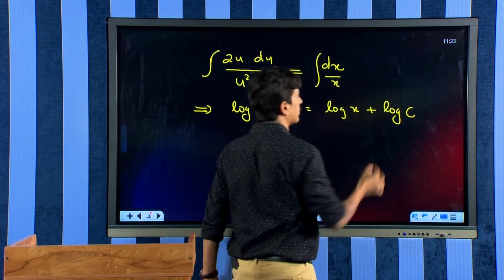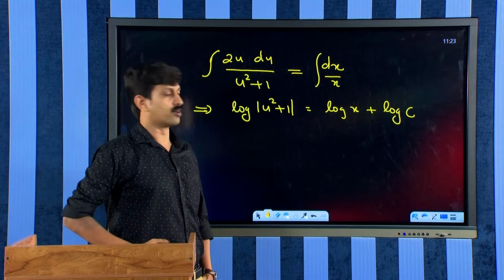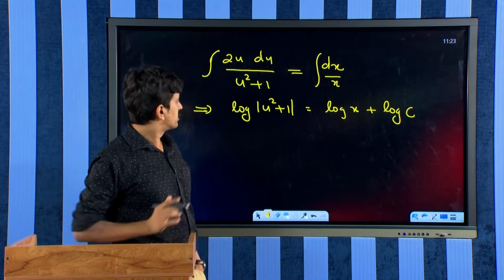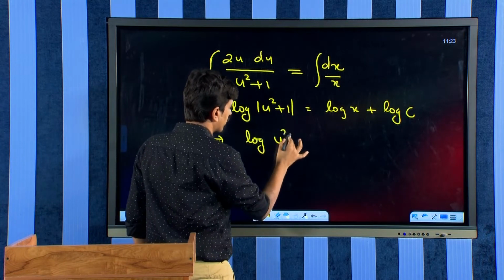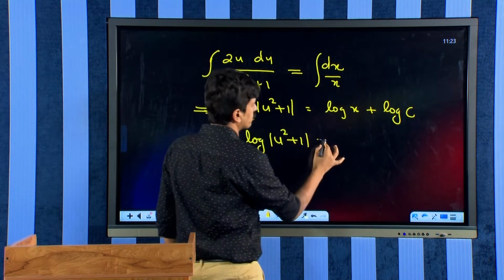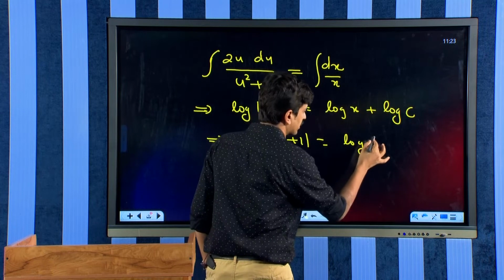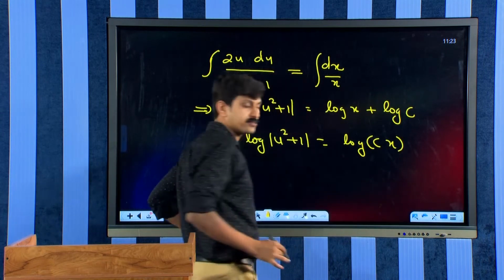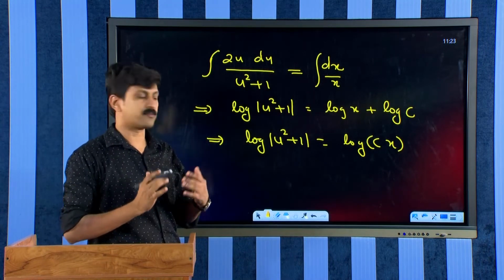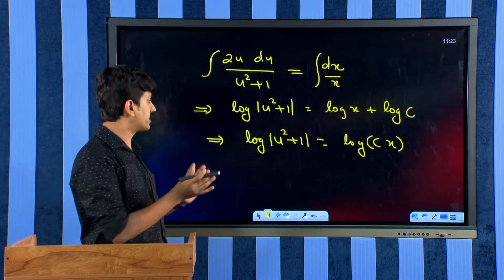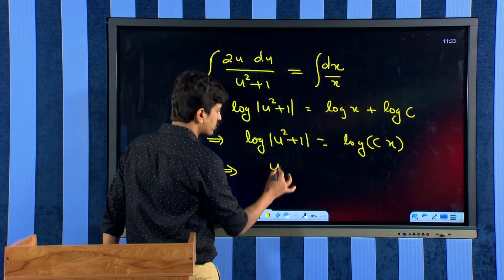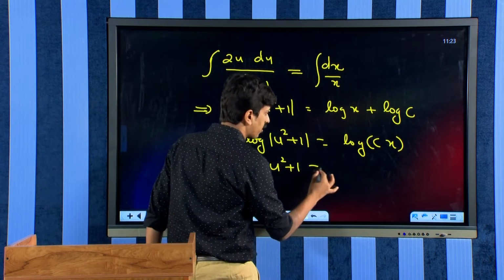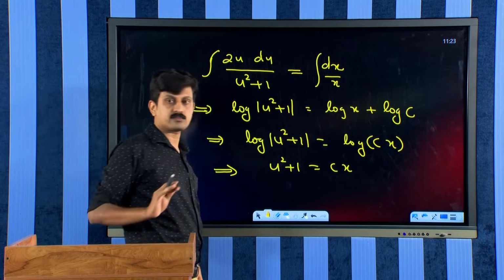The constant of integration, just write it as log c. So, log of u square plus 1 is equal to log x plus log c, that is equal to log cx. We can take the exponential function on both sides. Therefore, u square plus 1 is equal to cx.